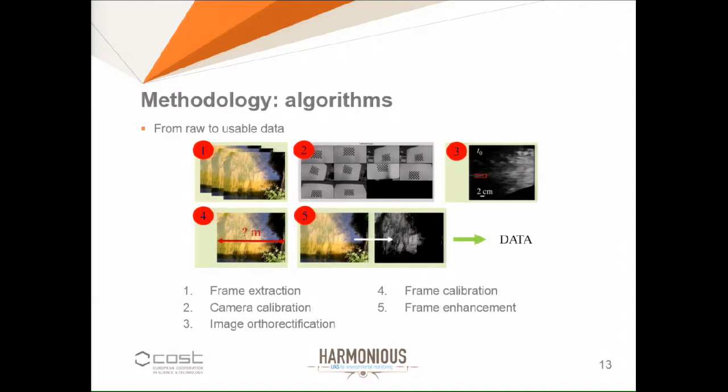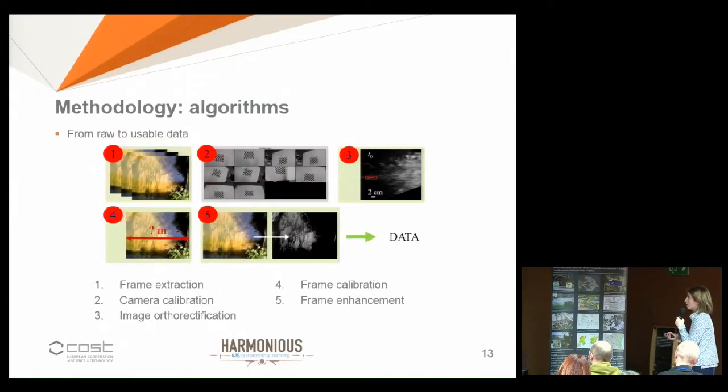If the camera axis is not orthogonal to the water surface, I orthorectify images. Then I assign a metric dimension to pixels, and this is what I call the frame calibration. And then I enhance images in order to highlight important features that I use to extract actual stream flow data.